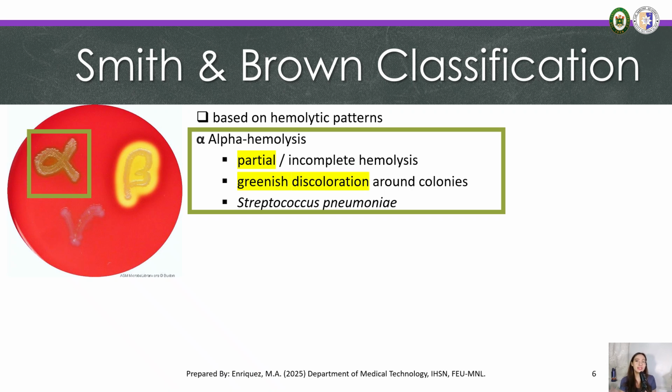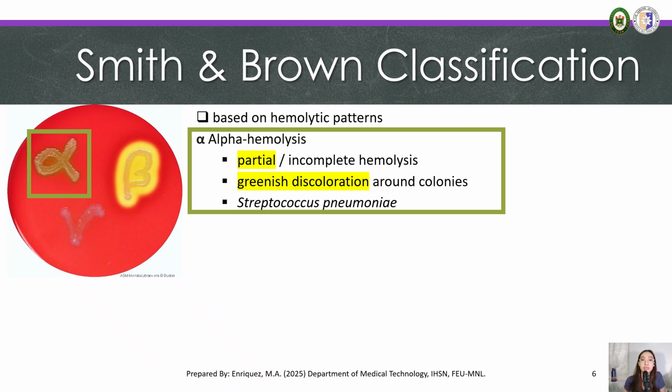This alpha hemolysis would produce a greenish discoloration around the colonies on BAP, as shown right here. So ulitin po natin, the bacteria was not capable of fully destroying the RBCs that's present in the culture media. So it was only capable of producing a greenish discoloration around the colonies.